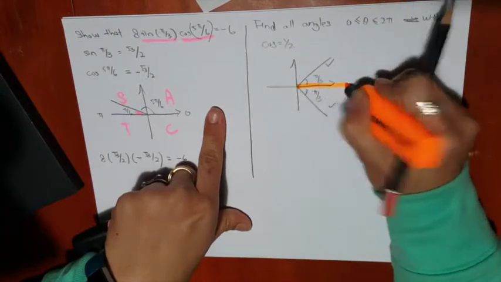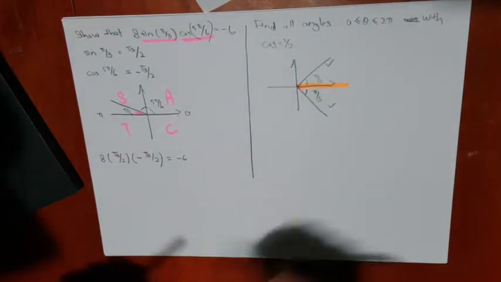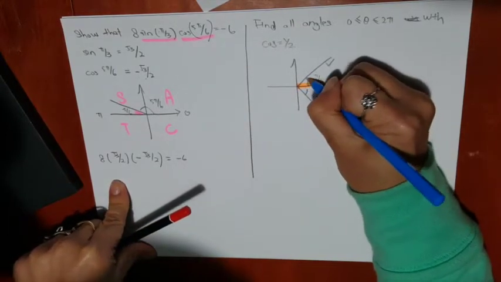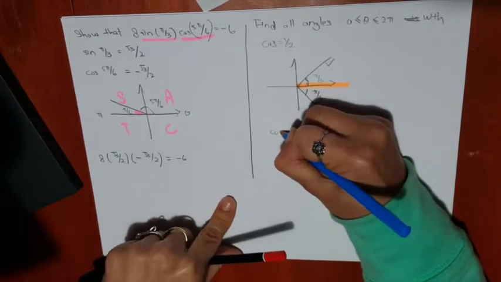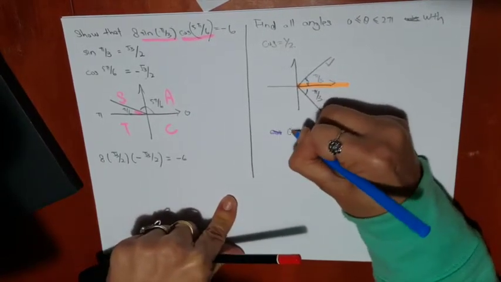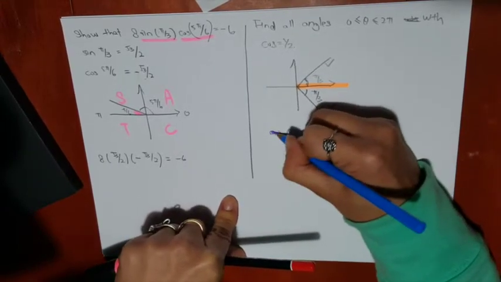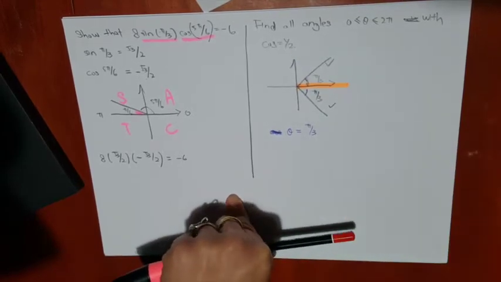We always need to calculate or start from this line. So from this line, we need to spin anti-clockwise from here to here, touching this line. We get theta is pi over 3. Do not write the cos, because when you write the cos, theta is actually a half. We just want the theta.